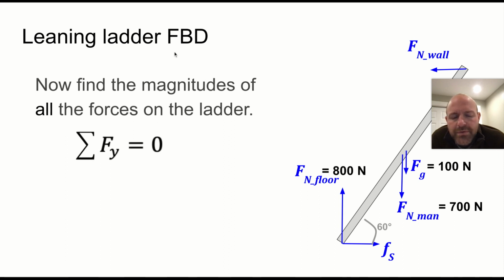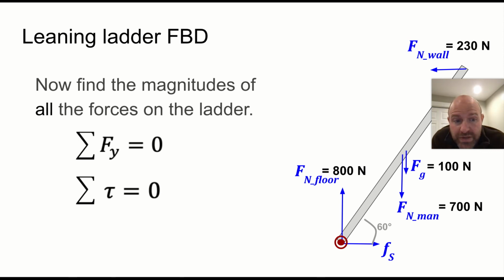The net force in the y direction tells us that the floor is providing an upward normal force of 800 newtons because there are only 3 forces in the y direction. The net torque tells us then, if we pick the pivot point to be the floor, that the wall must be providing 230 newtons.